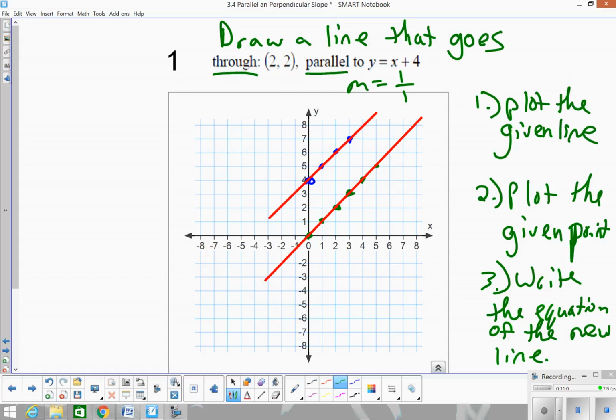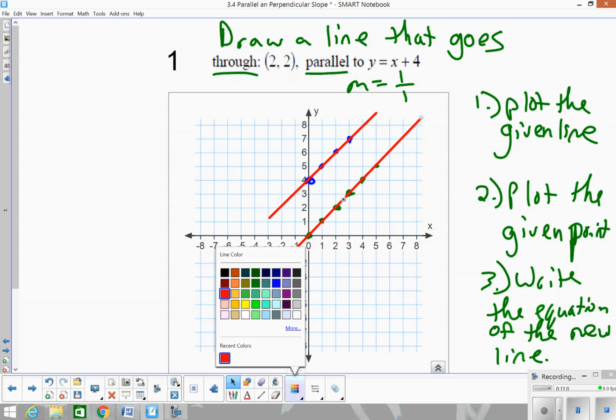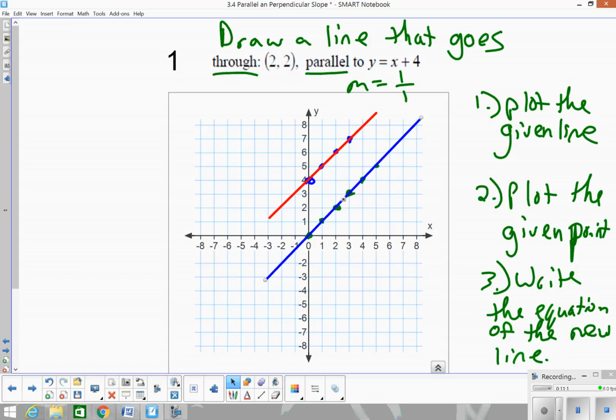Okay, awesome. So from that, well, let's change the color of that line. So I want to write the equation of that new line, which will be blue. Okay, so I have that blue line. I want to write the equation for it.